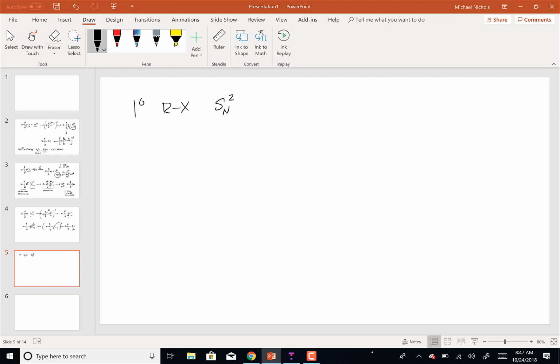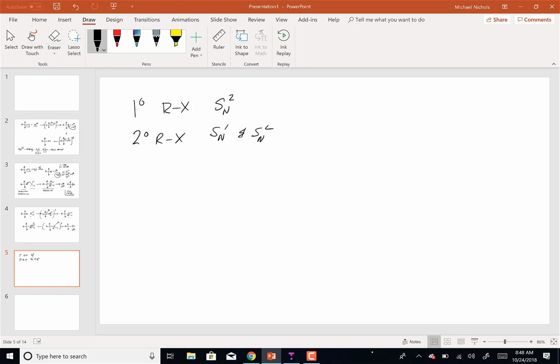So primary carbocation cannot form. So that means primaries can only undergo SN2. Secondaries. How about a secondary halide? SN1, SN2, or both? Both. So it can undergo SN1 and it can undergo SN2.